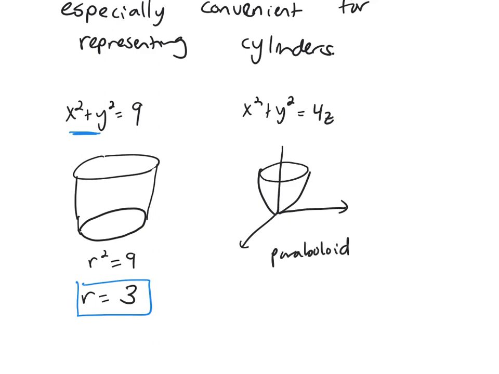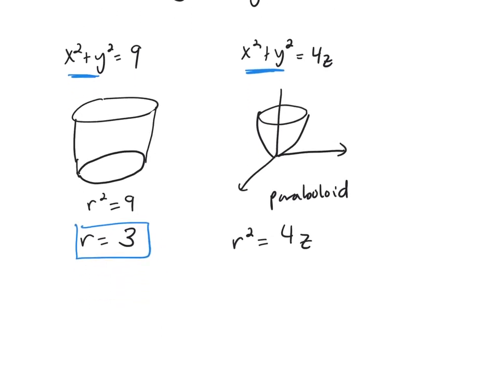Again, we can convert this equation. If I plug in for x squared plus y squared, it would be r squared equals 4z. And then you take the square root. Again, here you don't have to worry about plus or minus. r would be 2 times the square root of z.